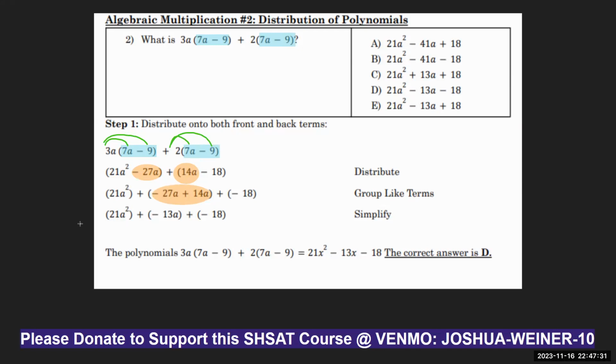Adding those together, we get negative 13a. And finally, we have a trinomial, meaning we have 3 terms: 21a squared minus 13a minus 18 after simplifying. And the correct answer was D, 21a squared minus 13a minus 18.